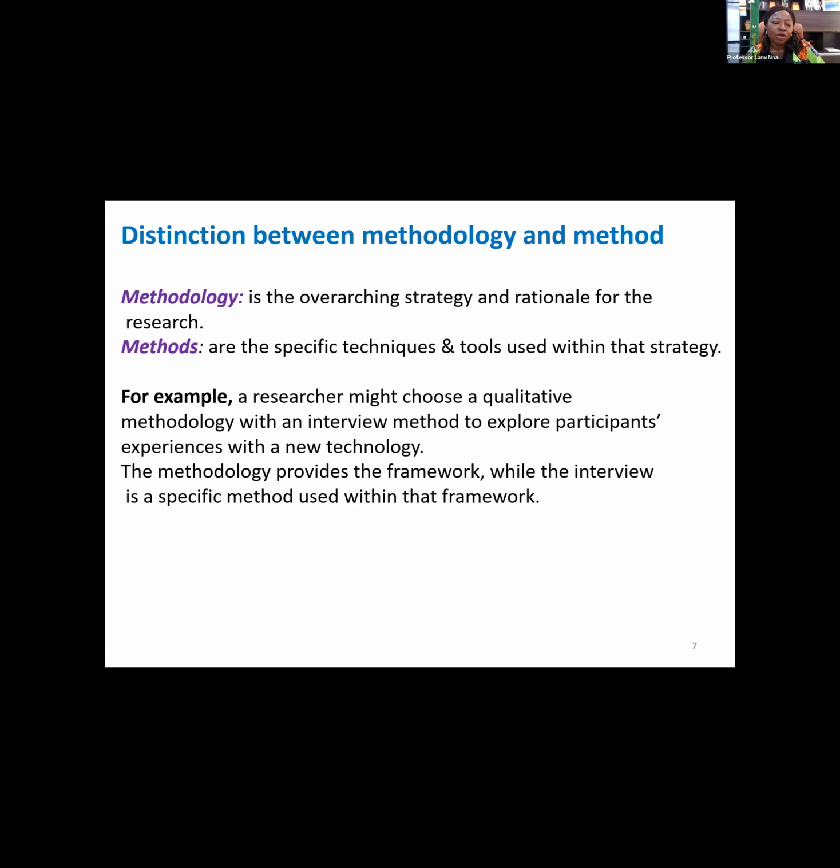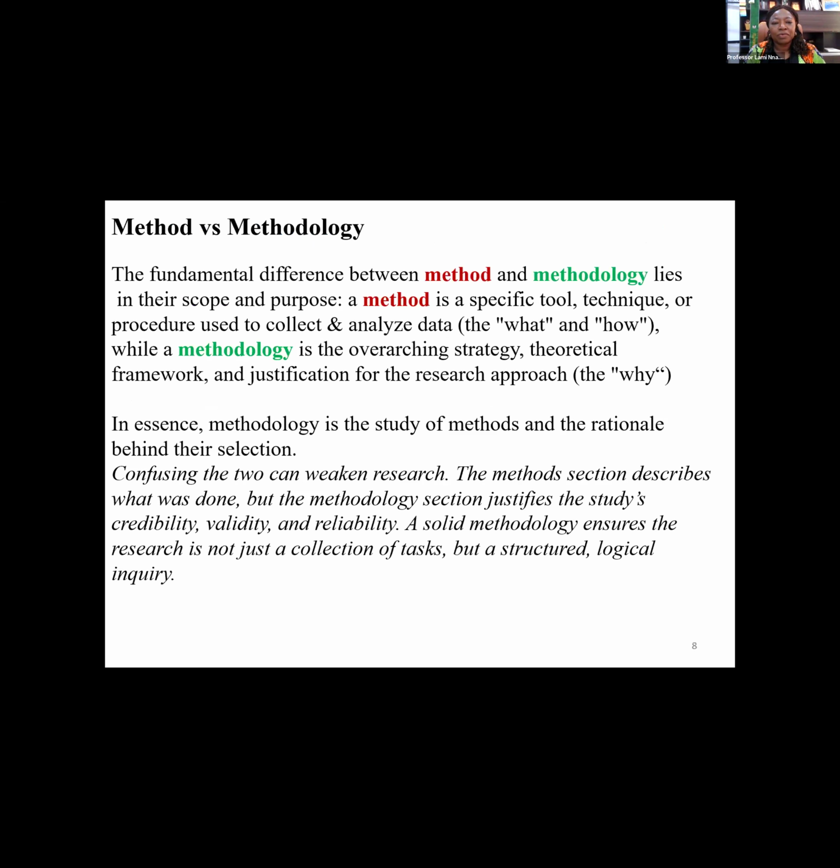Okay? So I gave an example here that a researcher might choose a qualitative methodology. Then he will use the interview method. So interview is a method under qualitative methodology to explore participants' experiences with, let us say, AI. The methodology gives the framework, but the interview is a specific method that the researcher is going to use within that framework.